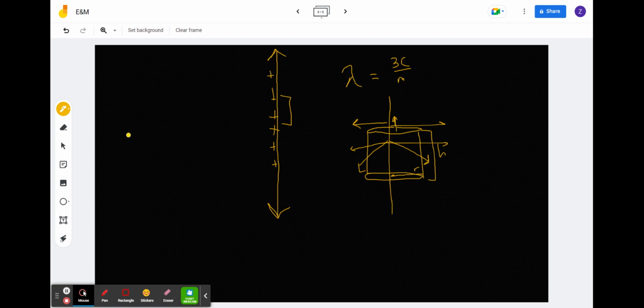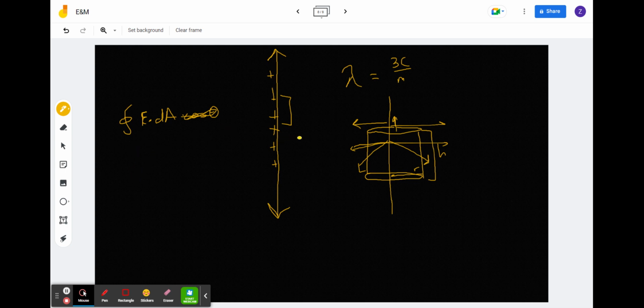But essentially, if we set up our integral for finding the electric flux, we'll have E times dA times cosine theta. But in this case, because the field lines are perpendicular to the infinite line of charge, this cosine theta is just going to be 1, because they're perpendicular to the walls of the cylinder.